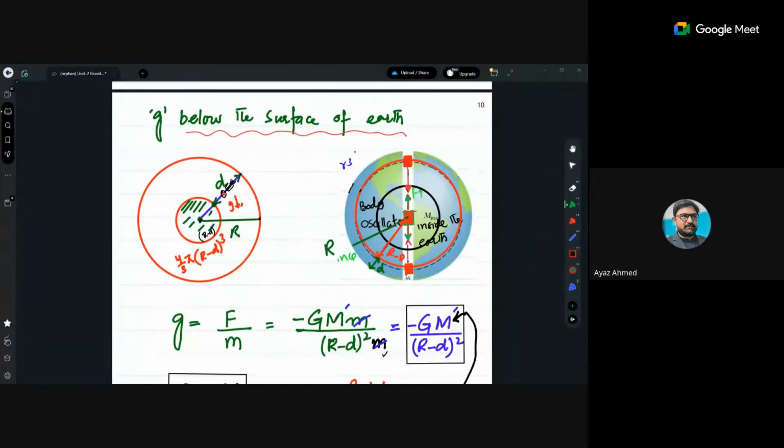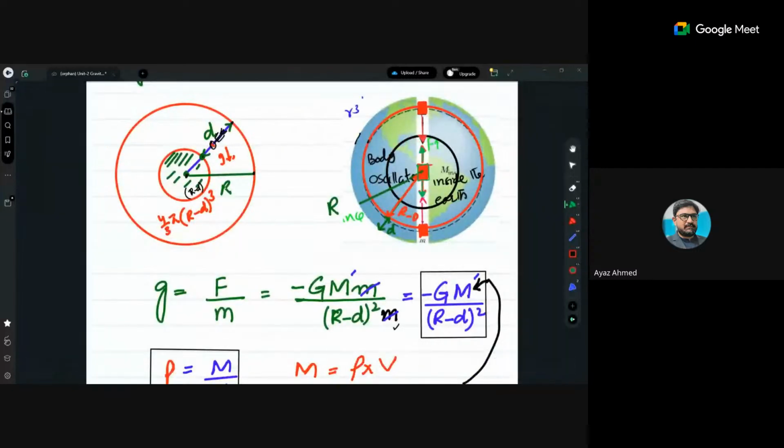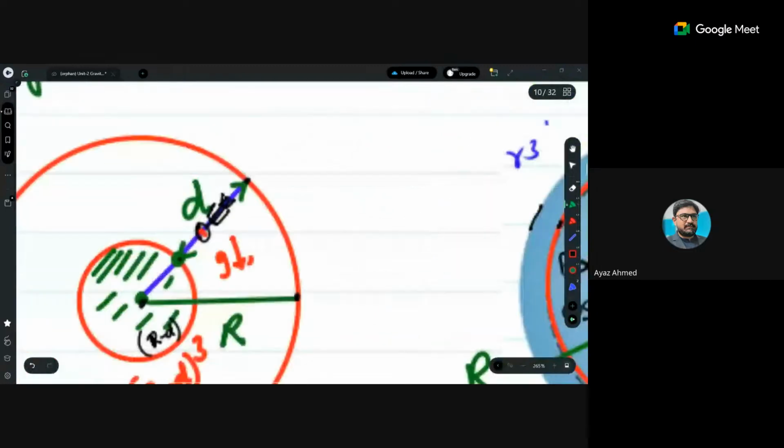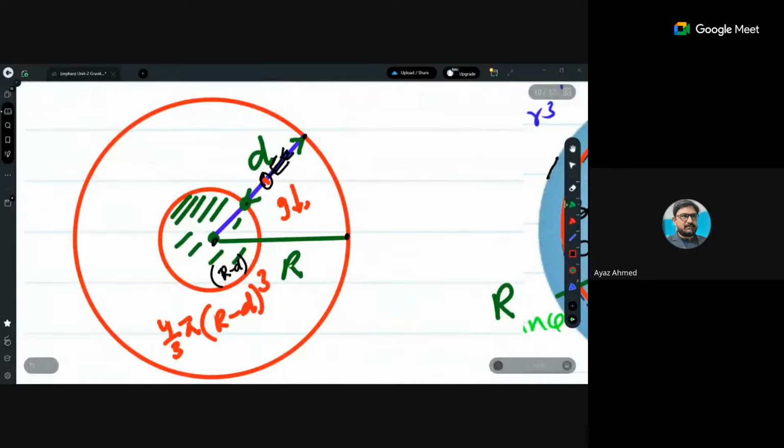Simply speaking, if I have this circle, the outer circle, this is basically the complete earth till the outer boundary.